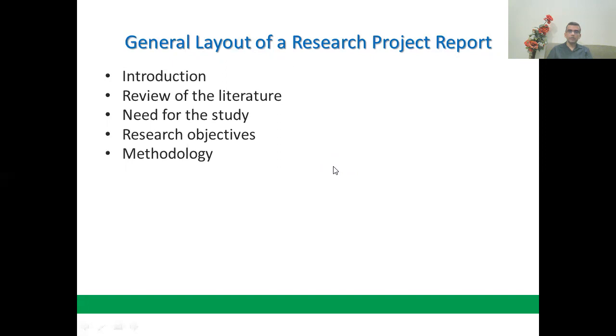Everything related to the approach based on which you have conducted the project, you have to mention in the methodology. So this methodology needs to be very carefully planned so that you do not have any problem in the later stages of the project.